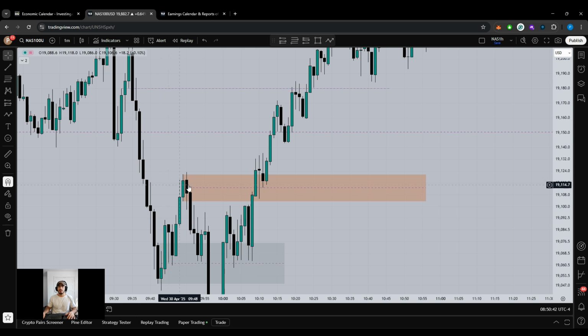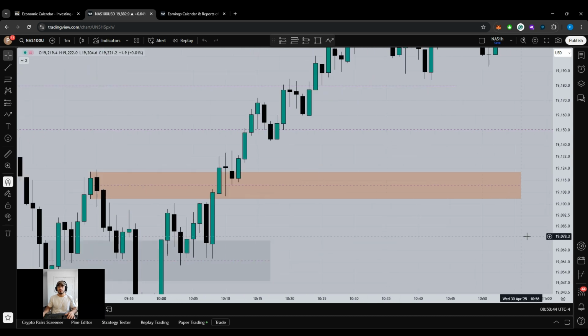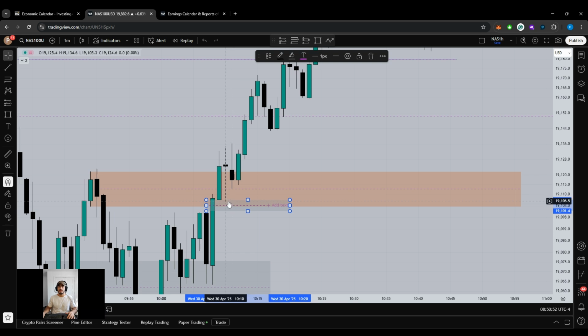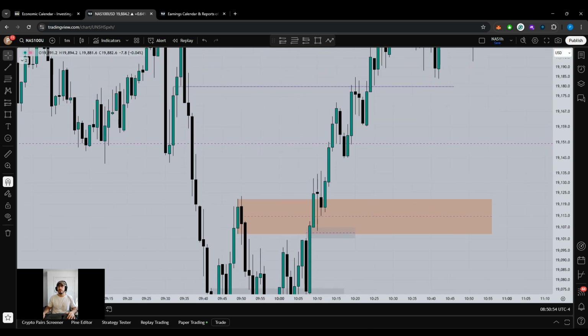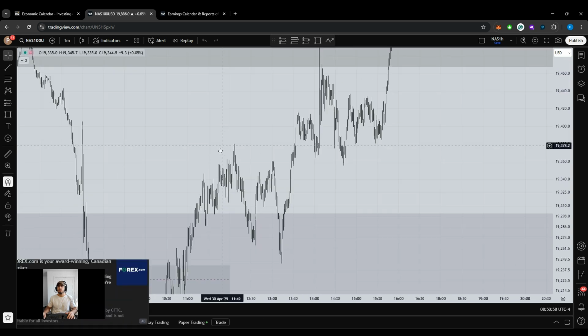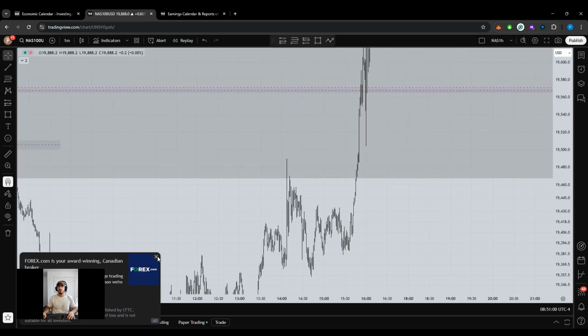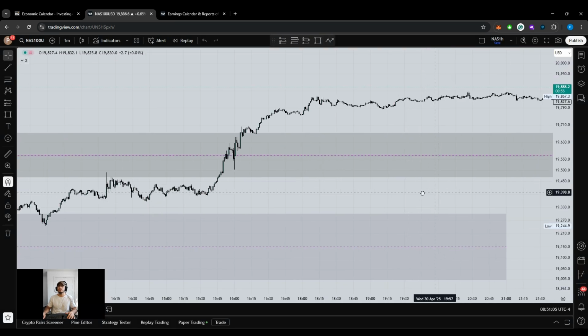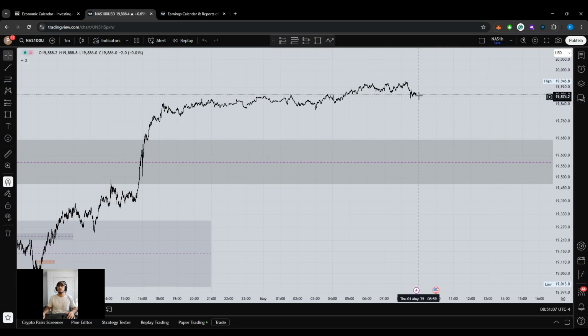And exactly here when it broke the structure, guess where it went to? Straight into a fair value gap and then rocketed off from there, all the way up to its current price up here.